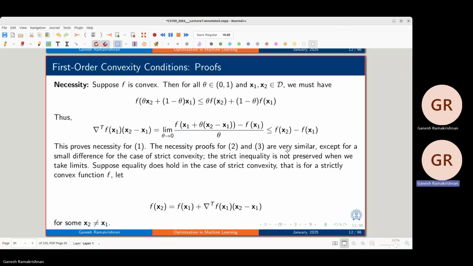Or if it's still not clear, I take this theta on the right hand side. f of theta x1 plus 1 minus theta x2 minus f of x1 is less than or equal to, just subtract f of x1 from both the left hand side and the right hand side, f of x2 minus f of x1 times, what comes in the denominator?